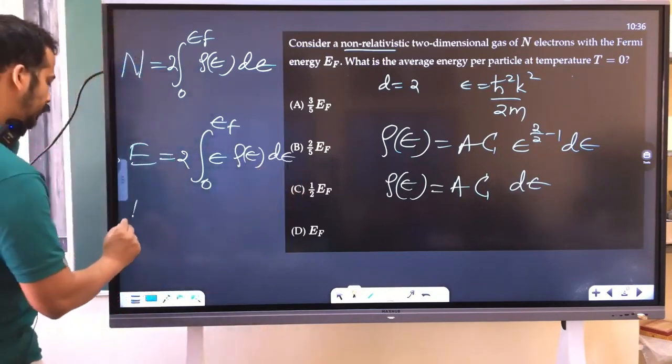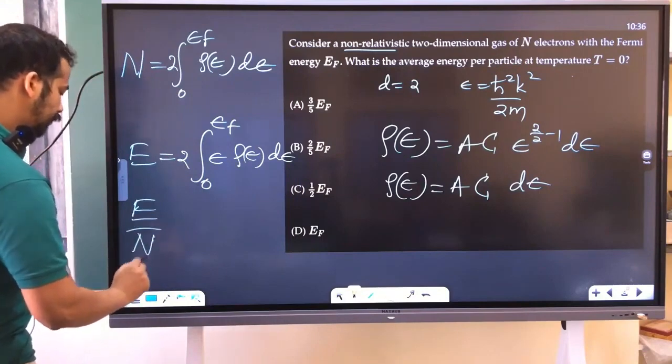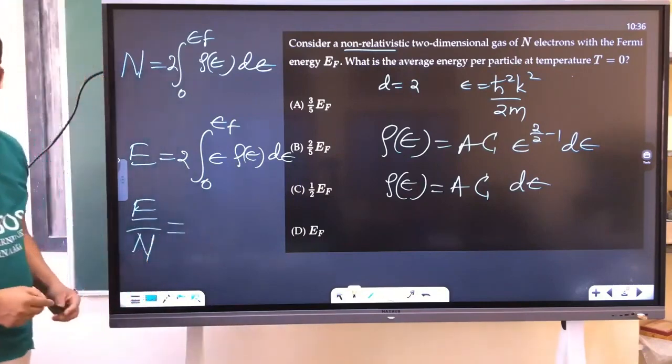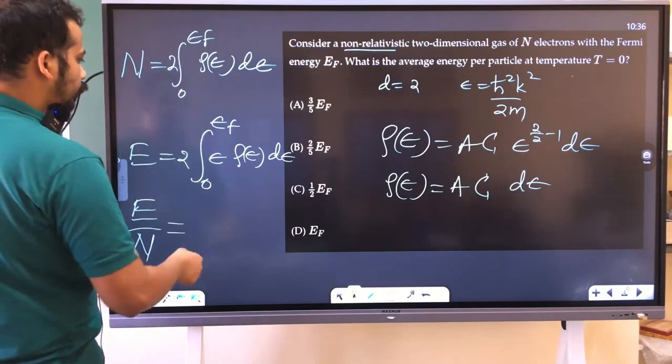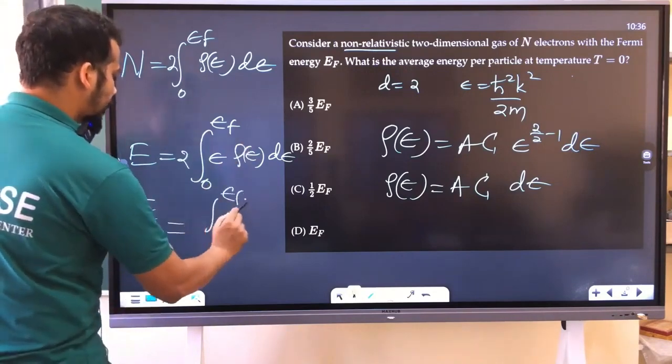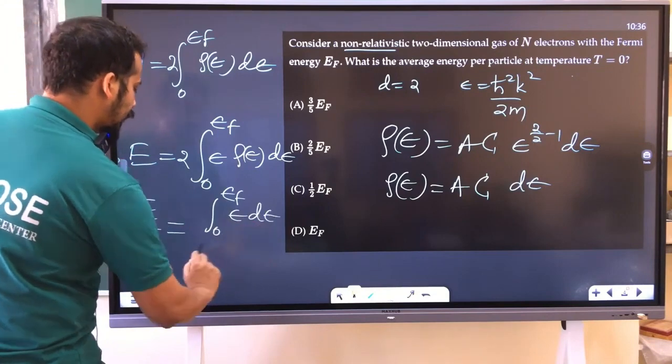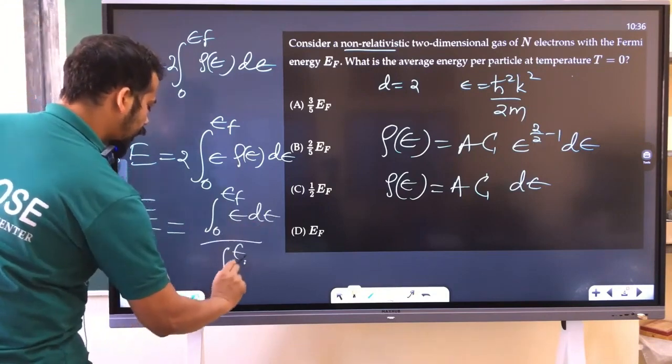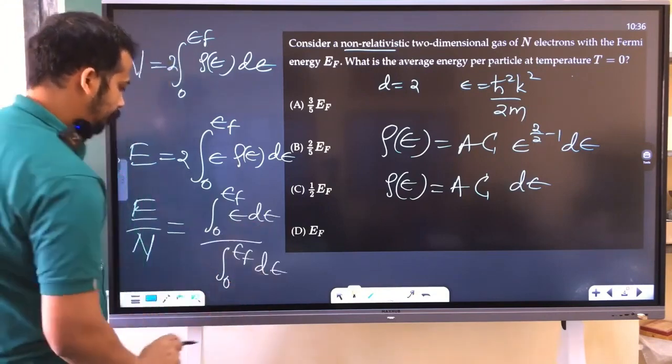Now you need E divided by N, the average energy per particle. So this 2 gets cancelled, and the constants get cancelled. Integral 0 to EF of E dE divided by integral 0 to EF of dE, very simply.